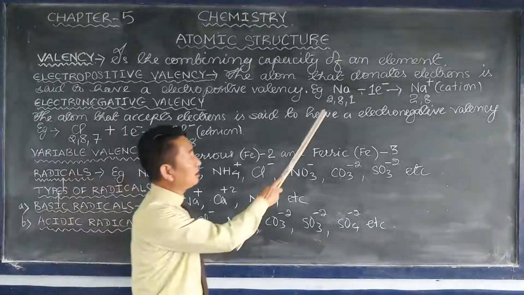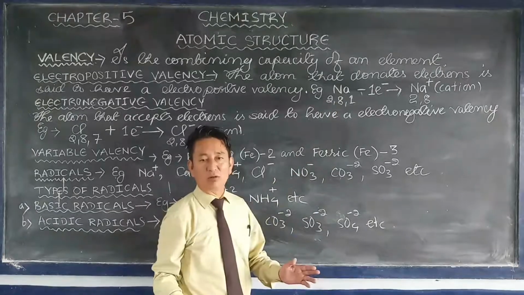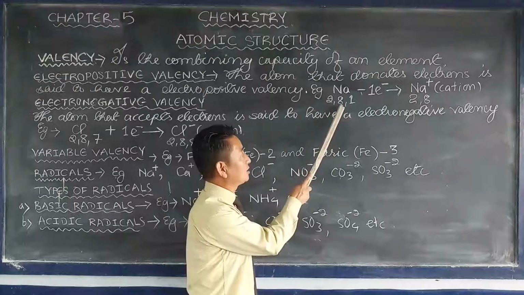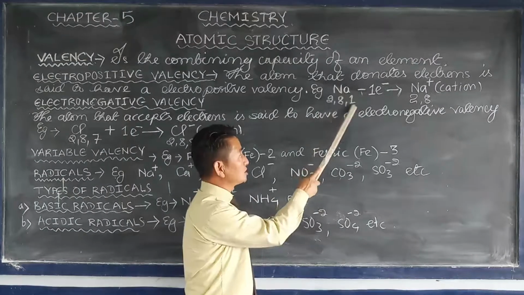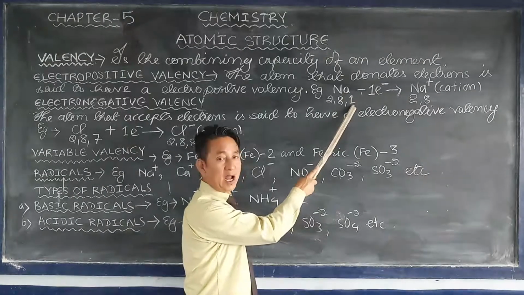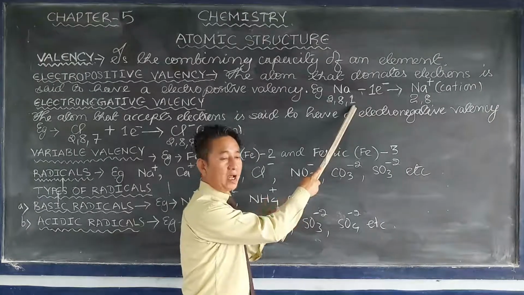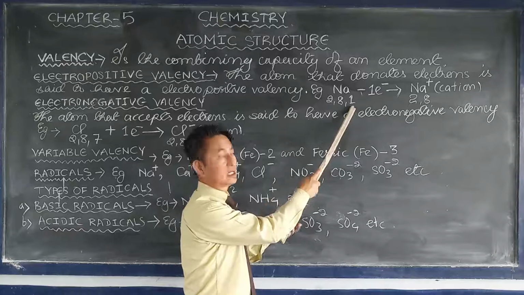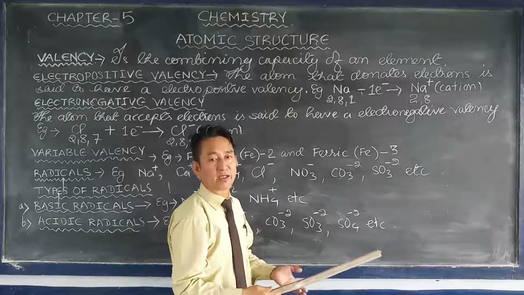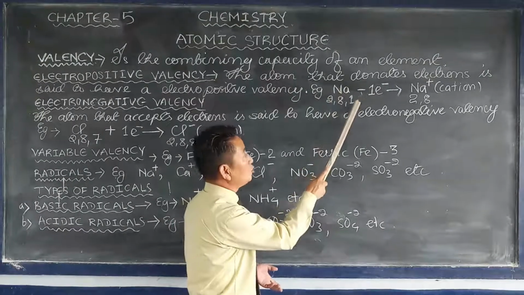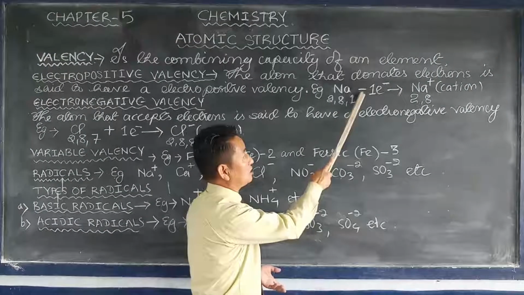For example, sodium: its atomic number is 11 and its electronic configuration is 2, 8, 1. The outermost shell of the sodium atom has 1 electron. As I already explained, metals have 1, 2 or 3 valence electrons, and they have a tendency to donate their valence electrons. Now this sodium atom loses this valence electron.